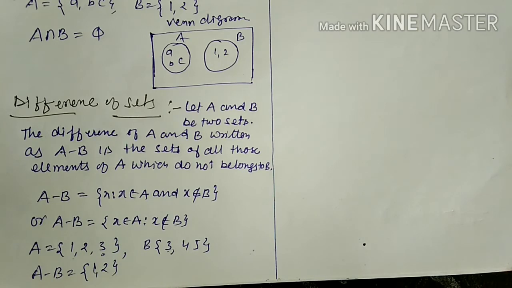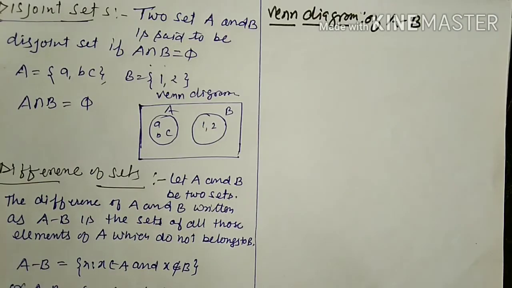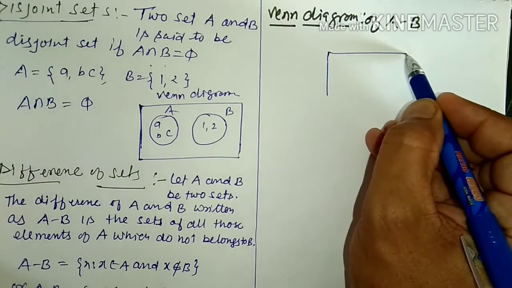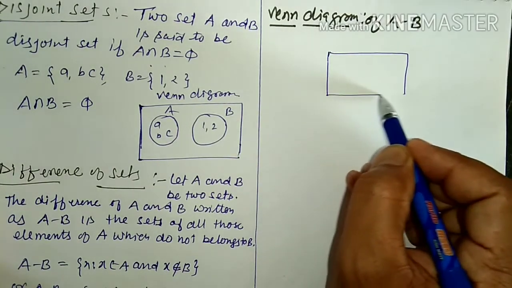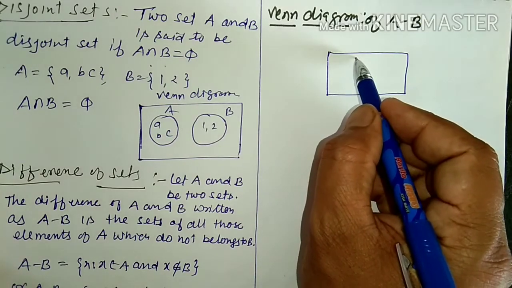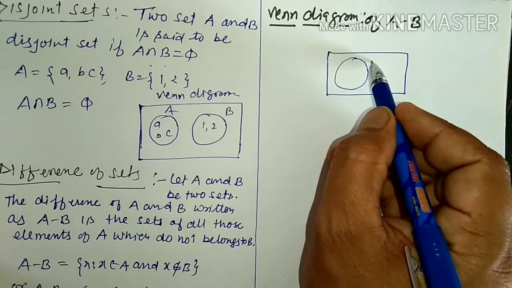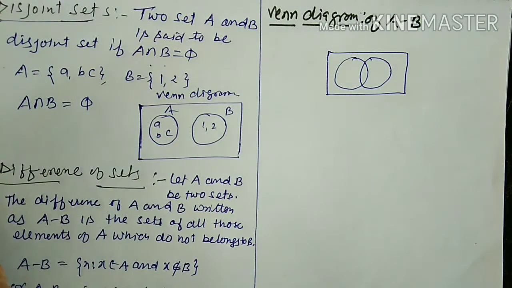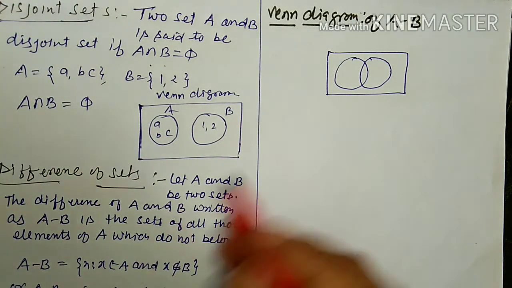Clear? Now the Venn diagram of A minus B. First of all we will draw a universal set. In this universal set, two sets are combining like that. So this portion, the common portion, is this.